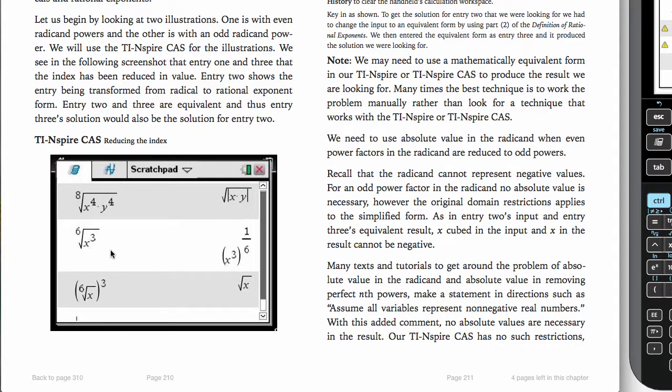When we're dealing with the 6th root of 3, it does not reduce the answer for us, but if we switch it over to an equivalent form, the 6th root with the 3 outside, it will reduce the index. So we have to remember when we're working problems out to switch it over to an equivalent form.